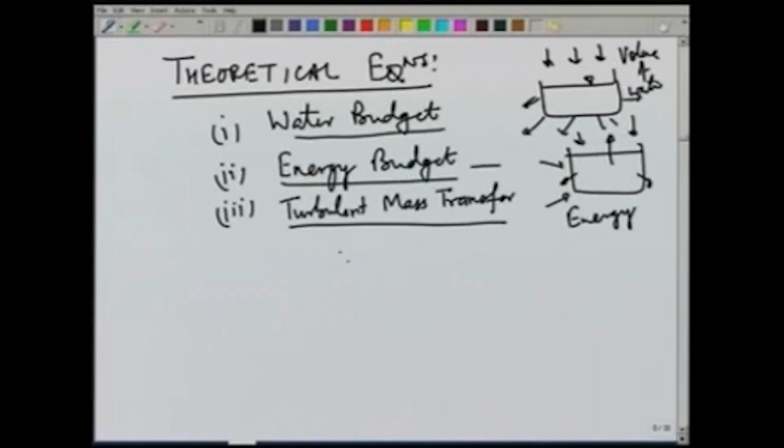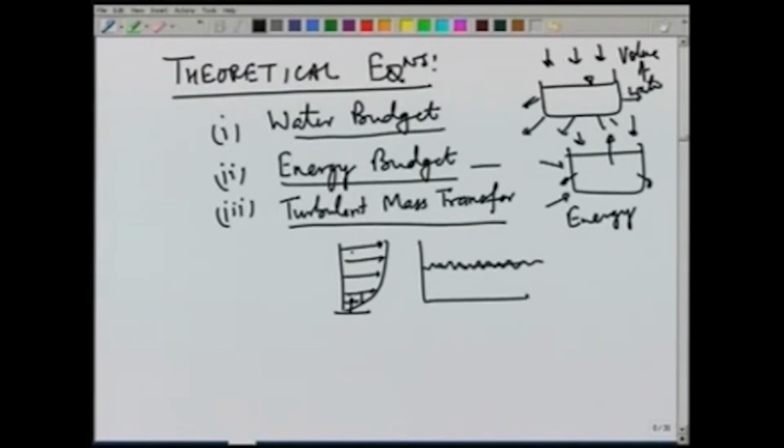In the turbulent mass transfer, we use the boundary layer theory. So, in the boundary layer, the velocities are typically varying like this, and there is a turbulent motion, that means there will be fluctuations of velocities. So, if we look at the velocity at any point, it is fluctuating with time. So, there is some mean velocity, but there are a lot of fluctuations, and these fluctuations cause a mass transfer from one layer to the other.